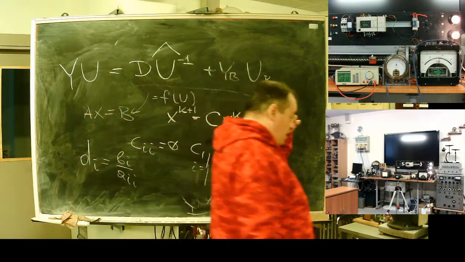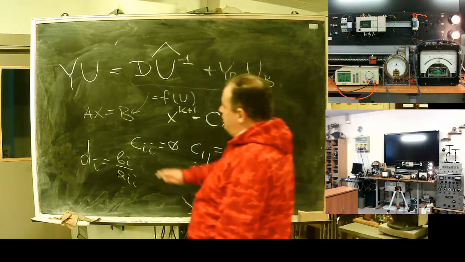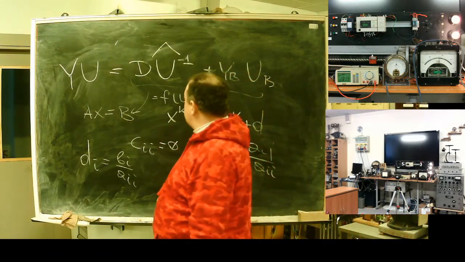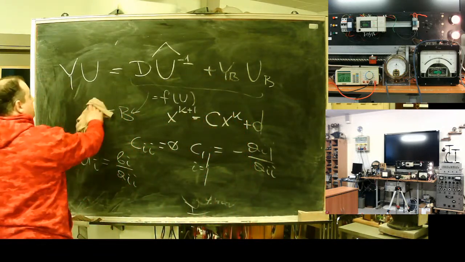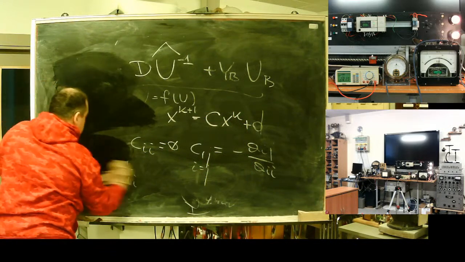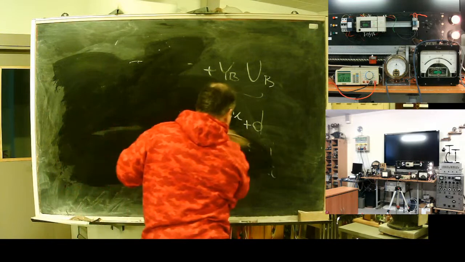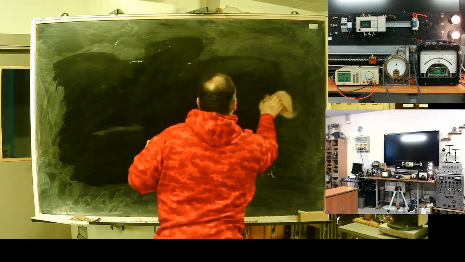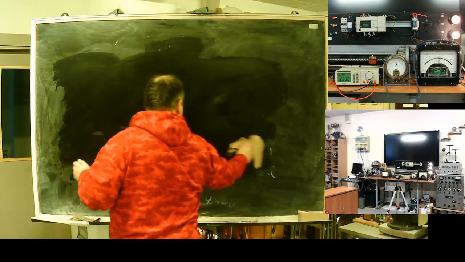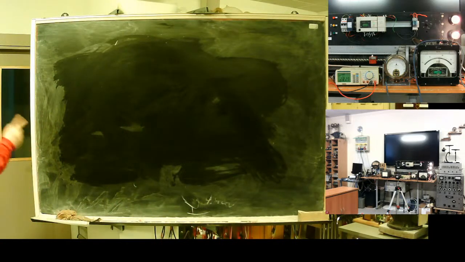We can modify the classic Seidel technique, keeping in mind that the current vector is a function of voltage. What will it be?